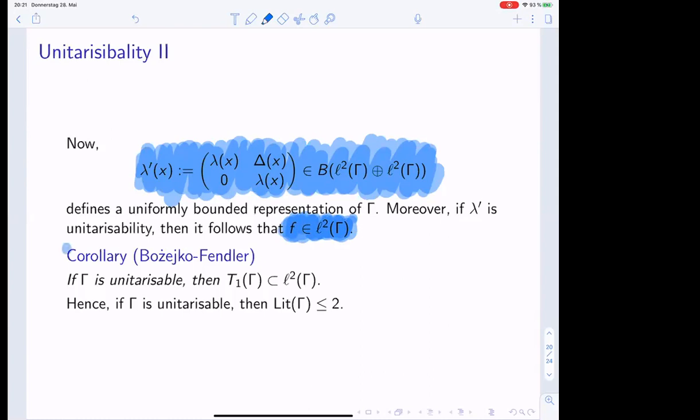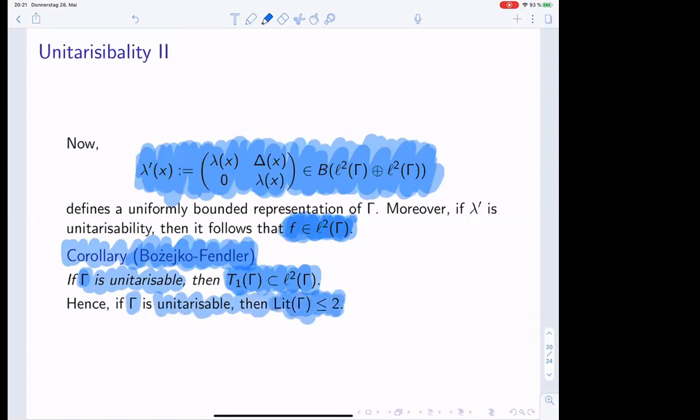And so this implies the corollary to Bożejko, originally due to Bożejko and Fendler, that T1 is actually contained in L2. So that's the argument. If gamma is unitarizable, then T1 is contained in L2. And hence, in terms of our Littlewood exponent, if gamma is unitarizable, the Littlewood exponent is bounded from above by 2.